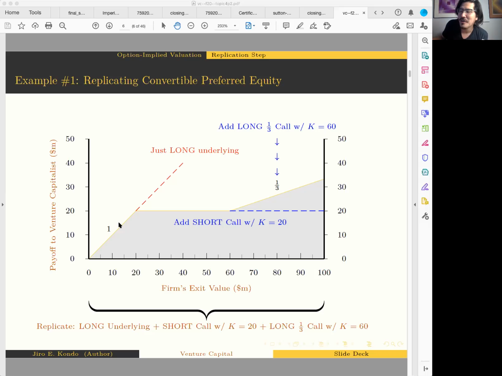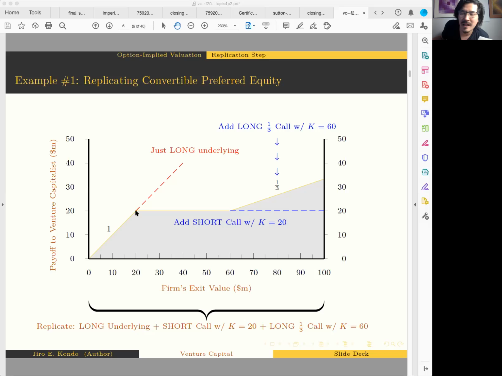Do you see what I'm saying? When we look at the payoff diagram of a security, we just ask ourselves, what's the initial slope? If that number is theta, we buy theta units of the underlying. And that matches up until we get to this kink. Is that okay so far?